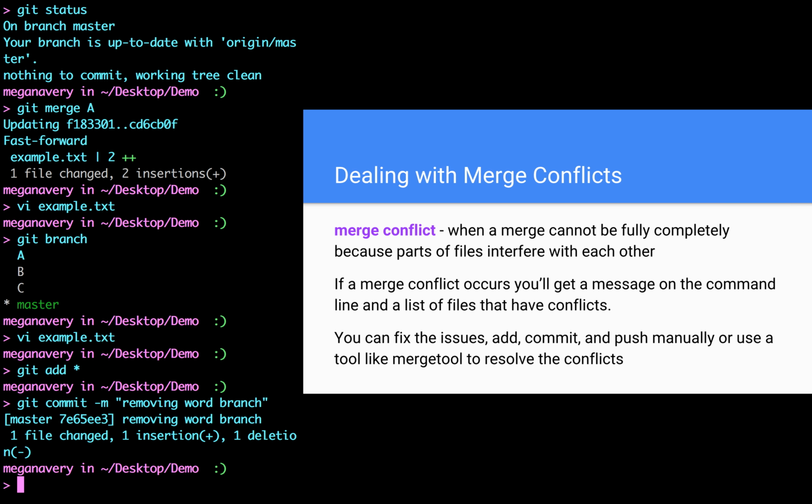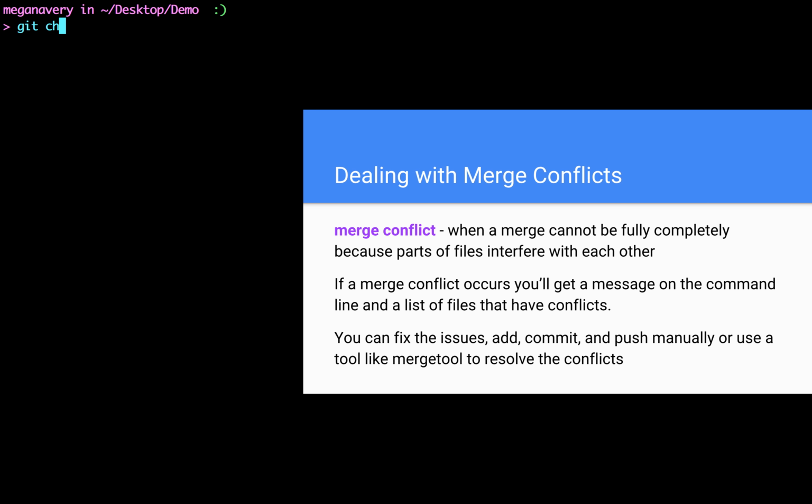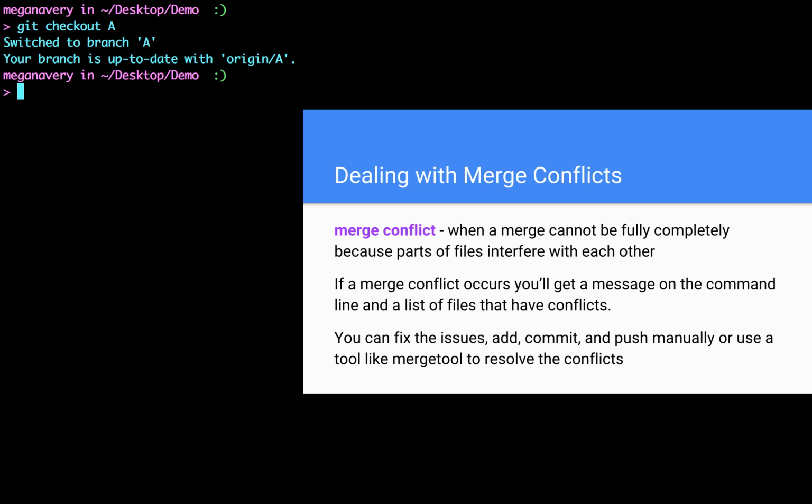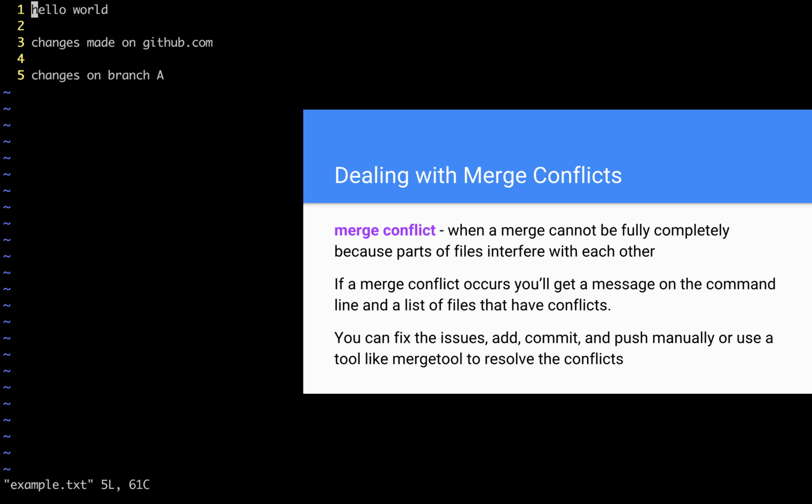This is important: you can't switch between branches with uncommitted changes. It'll either move the changes between branches or give you a warning saying that you need to commit if you're going to switch branches. So now I'm going to do git checkout A. And now I'm going to open example.txt and remove the word changes from line 5.